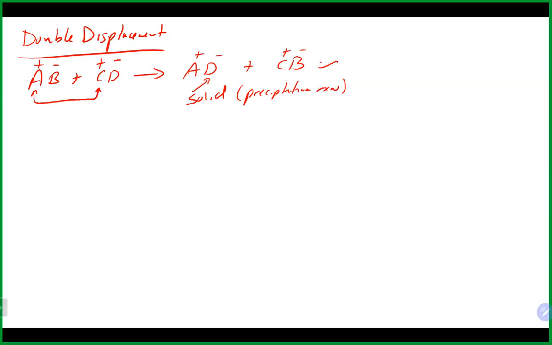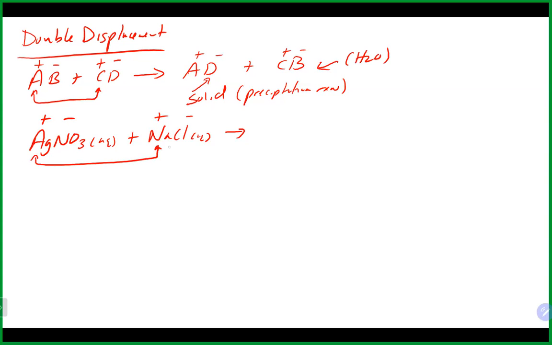Or one of these guys may make water, which is again one of the two reasons why a reaction takes place. So if you took some silver nitrate, which you probably will do, be careful, it stains your skin, plus some sodium chloride, we could recognize this as a double displacement reaction because again, that's a positive negative guy, positive negative. These two guys will switch partners.